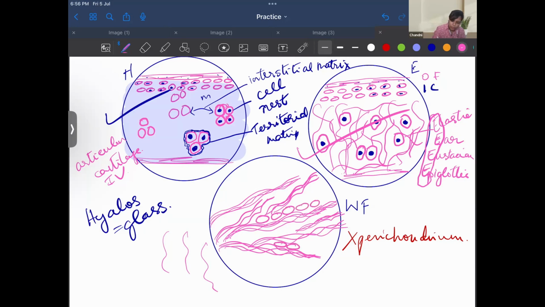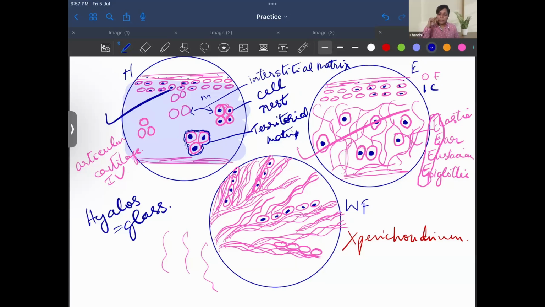So you fill up this entire thing with your fibers, whole thing. And in between that, you draw your cells, and draw your cells in rows. All right. Nucleus, nucleus, please don't forget your nuclei. White fibrocartilage. All right.